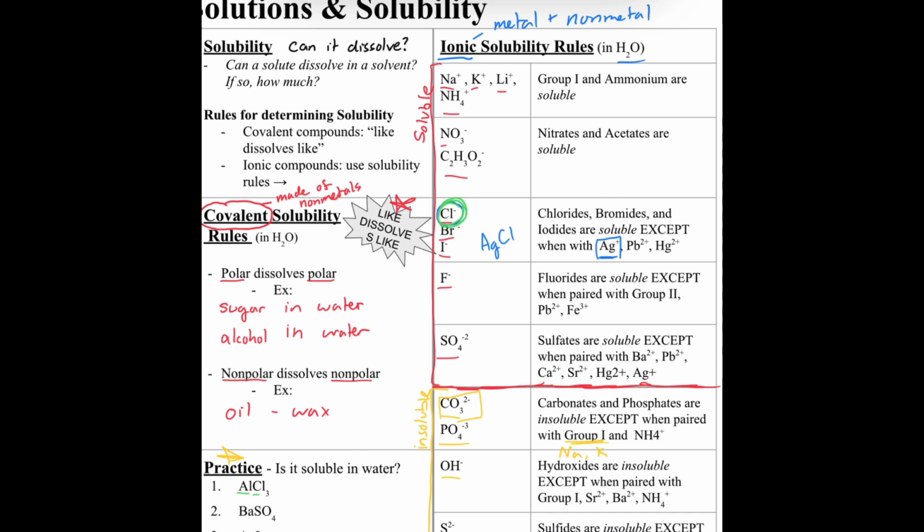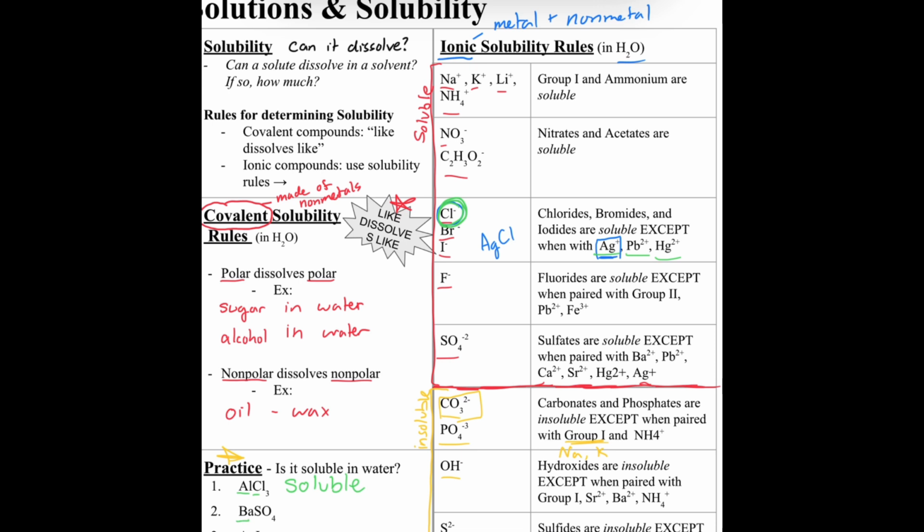And chlorine is in the soluble section, right? So just as a quick glance at this, I'm thinking, okay, aluminum chloride is probably soluble. But let's check the exceptions. I don't see aluminum as an exception listed with chlorine. So hey, guess what? This thing is soluble.